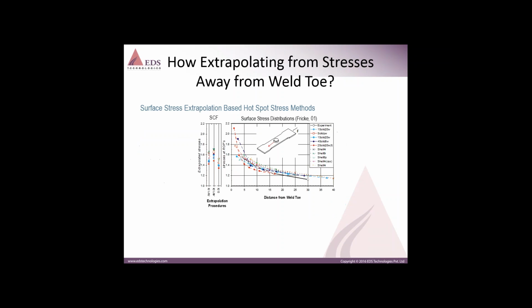As I mentioned, there is a method called the hotspot stress method, which is not suggested. Essentially, what this does is it assumes a stress at a certain distance away from the weld toe, and using a second support point a little closer to the weld, it can be used to extrapolate a certain stress, which can be used to calculate the stress concentration factor.